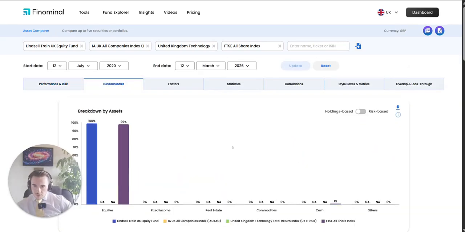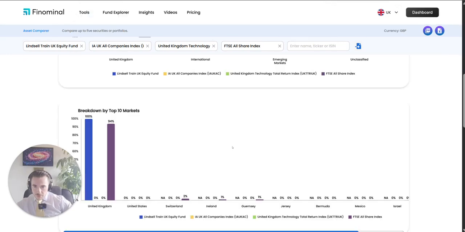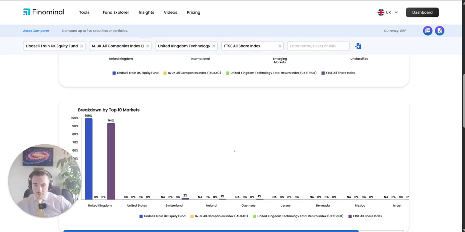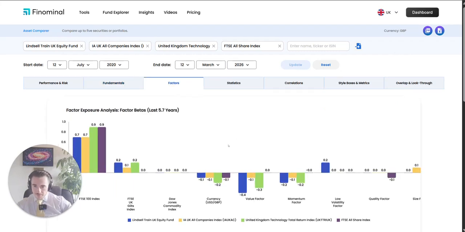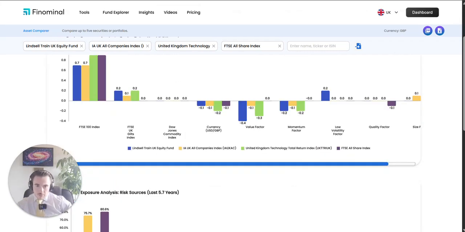If we go over to fundamentals and look at the breakdown by market cap, obviously these are indexes, so UK, not too much to note on that, so apologies. But if we look at factors, this is where things get a little more interesting, especially noting quite similar negative value factor betas.